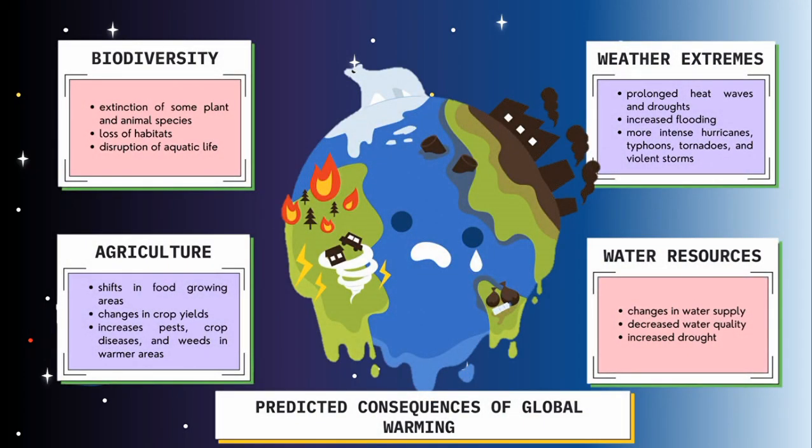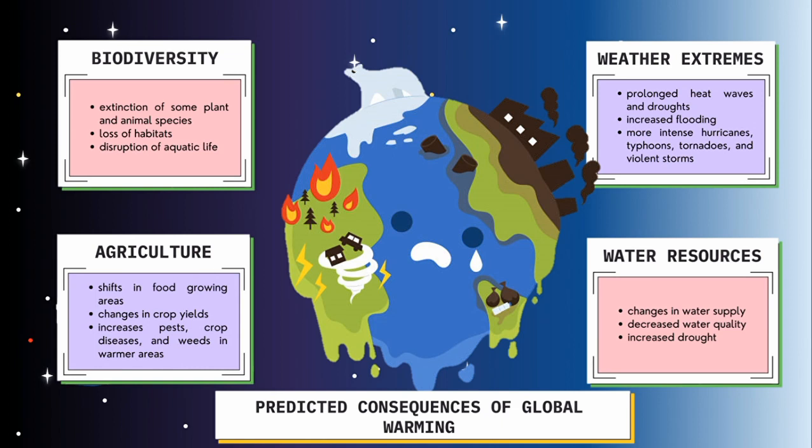So here are the predicted consequences of global warming: in biodiversity, extinction of some plant and animal species, loss of habitats, and disruption of aquatic life. So here in weather, possible na magkaroon tayo ng heat waves and droughts, increased flooding, and more intense hurricanes, typhoons, tornadoes, and violent storms.